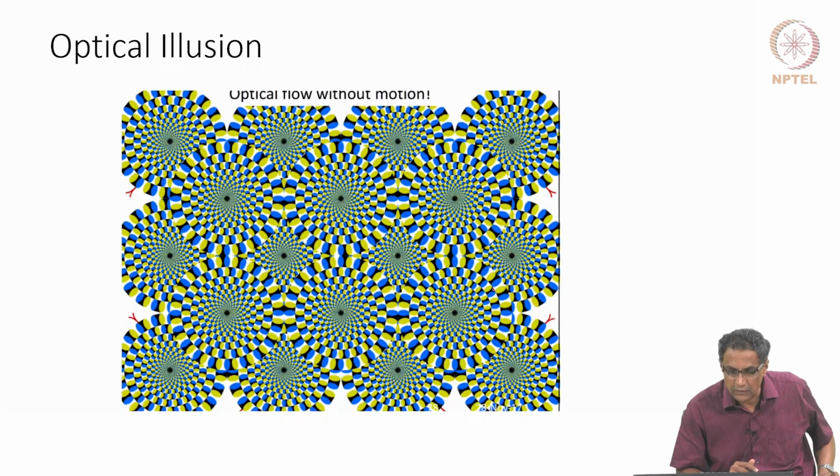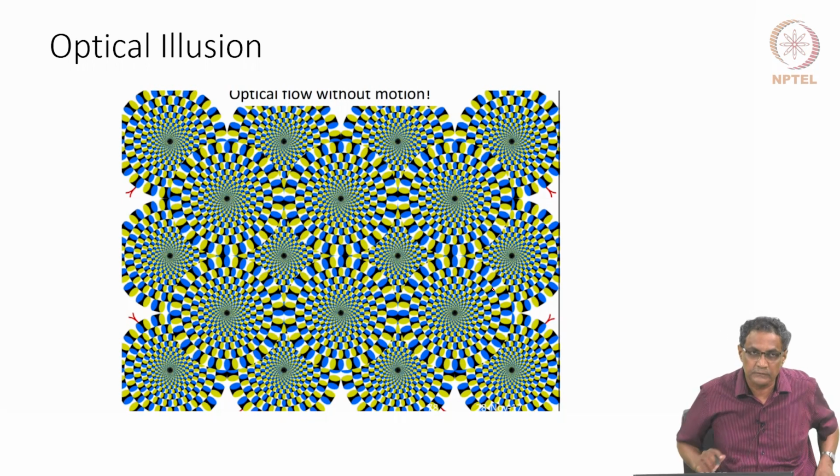And then I'll just leave you with this image that I showed yesterday. You can see that the image is actually still, there is nothing moving, but there is an illusion in your head that things are moving. I want you to think about why this happens.